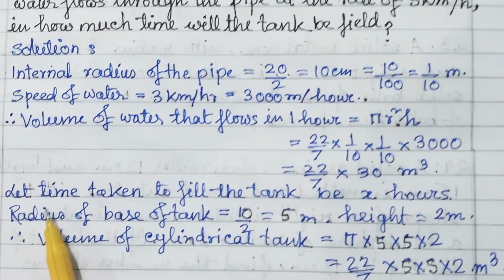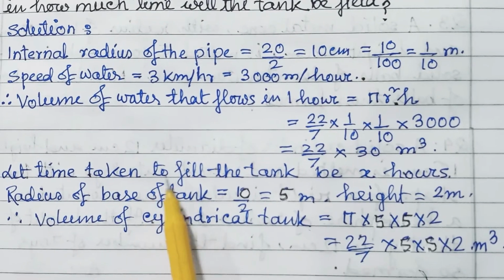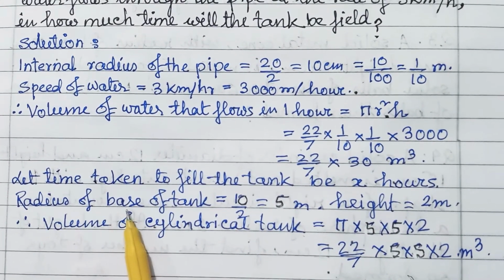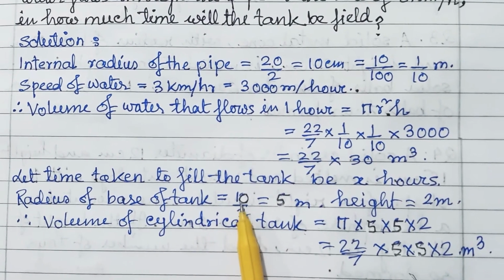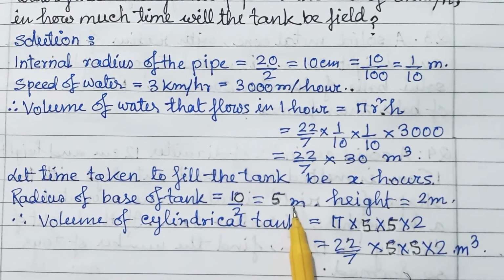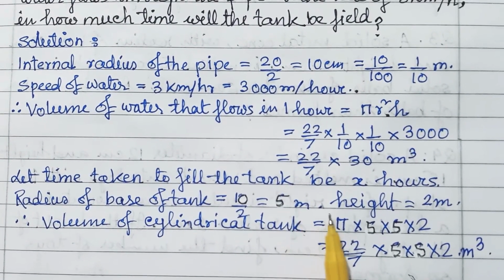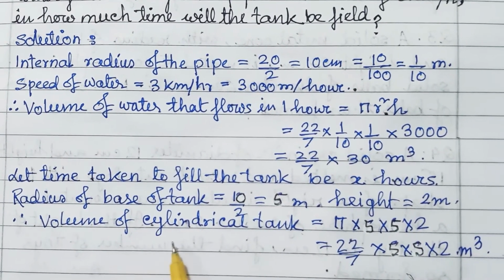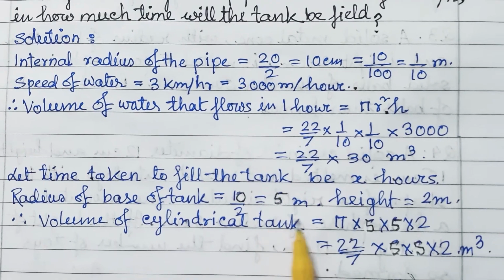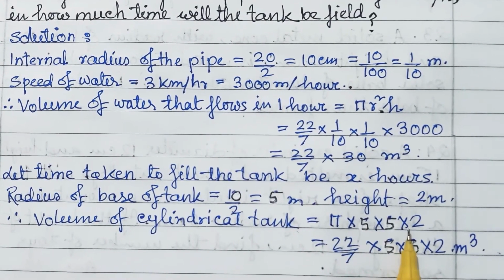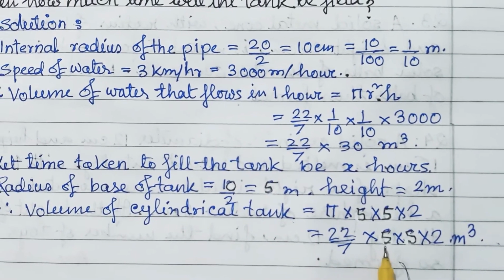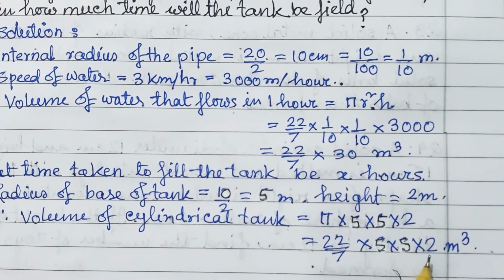Now let the time taken to fill the tank be x hours. The radius of the base of the tank is 10 upon 2, which is 5 meter, and the height is given as 2 meter. So the volume of the cylindrical tank, pi r square h, is 22 upon 7 into 5 into 5 into 2 meter cube.